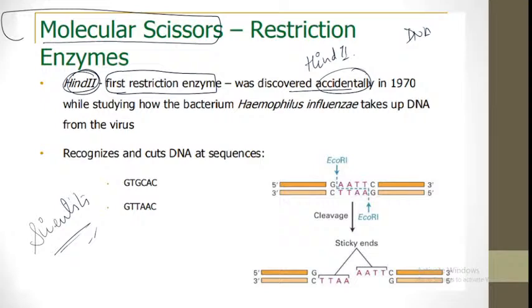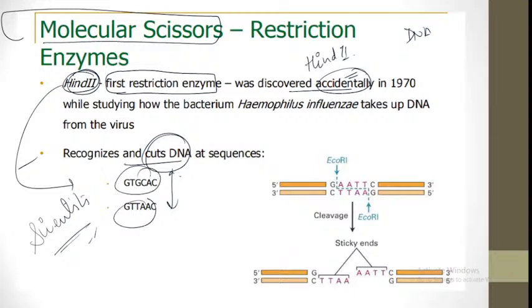So even with the molecular scissors, the restriction enzymes, the first one got discovered accidentally. HindII recognizes and cuts the DNA at these two sequences. So these two are the recognition sites for the HindII molecular scissor.